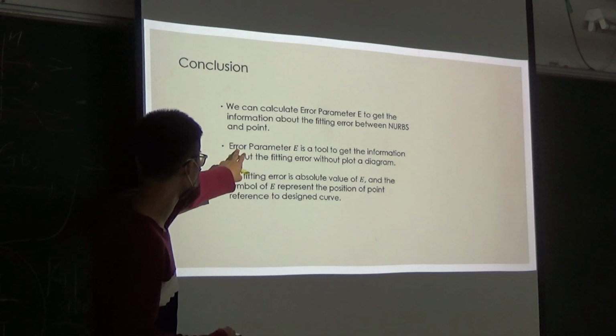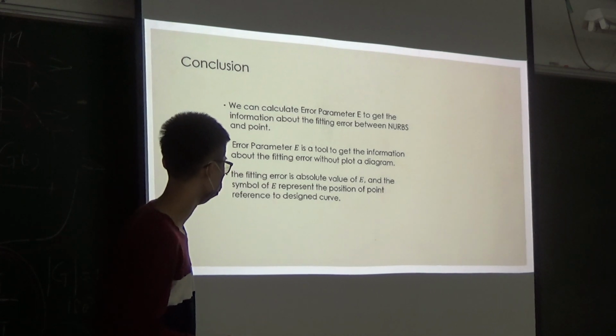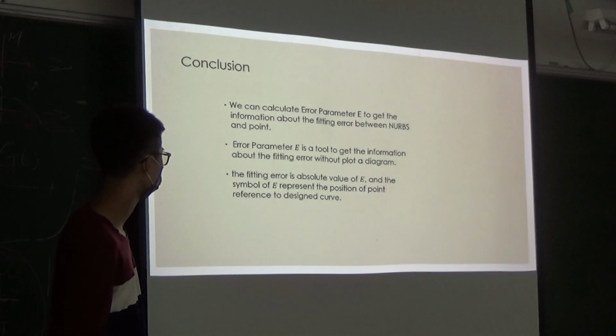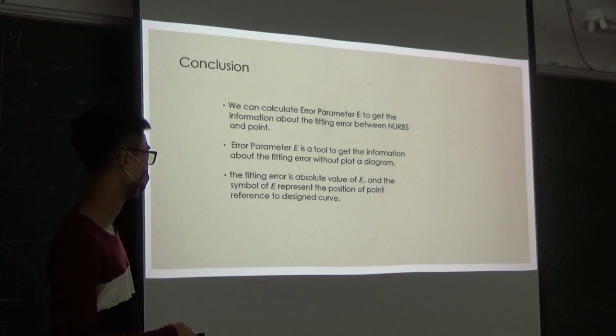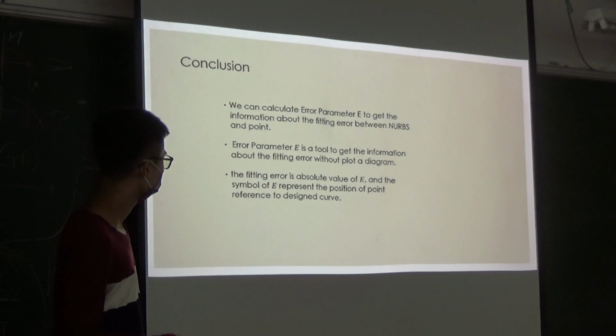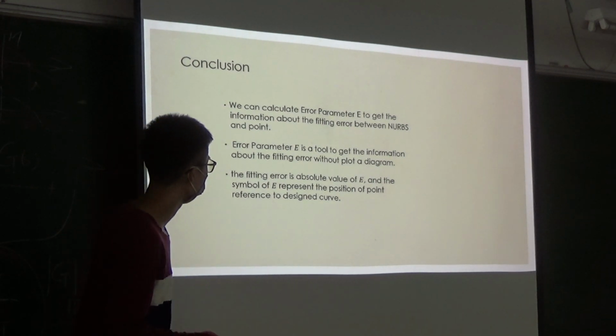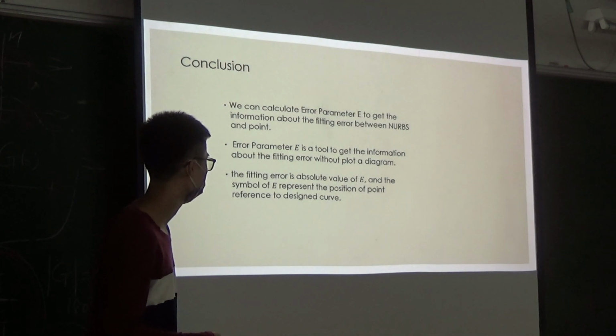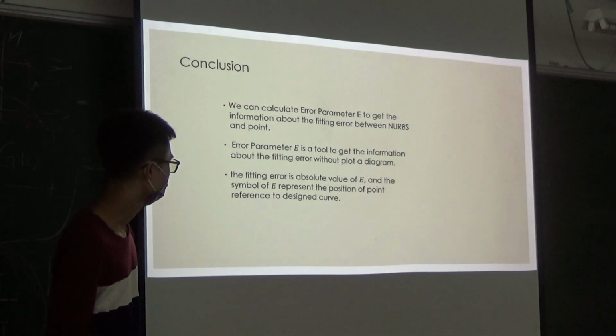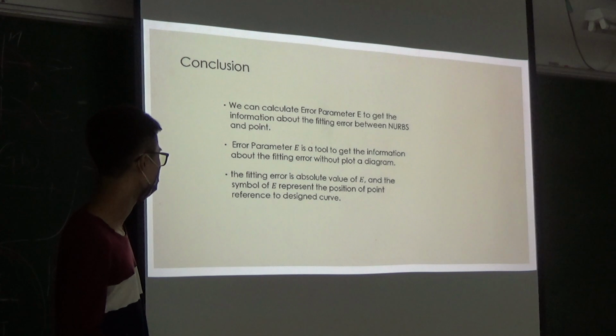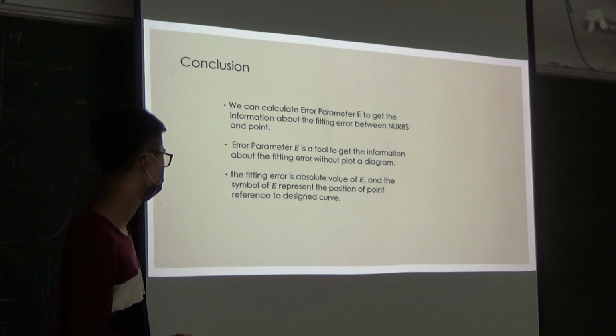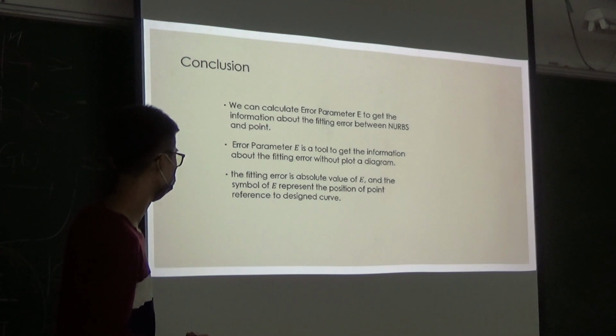We say that parameter E is a tool to get information about the fitting error without a plot diagram. The fitting error is the absolute value of E, and the sign of E represents the position of the point relative to the design point.